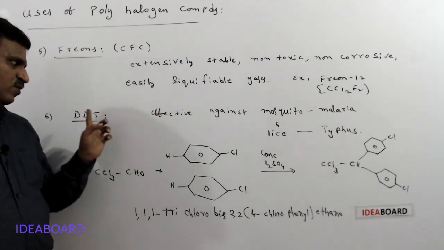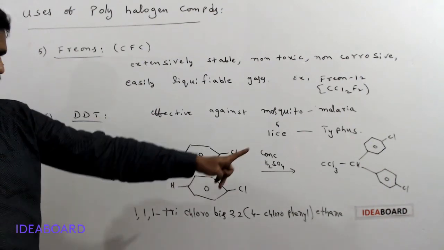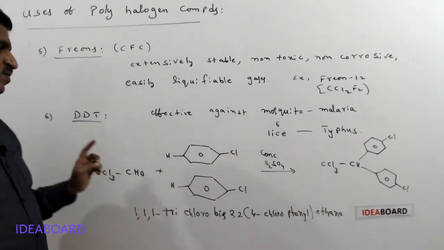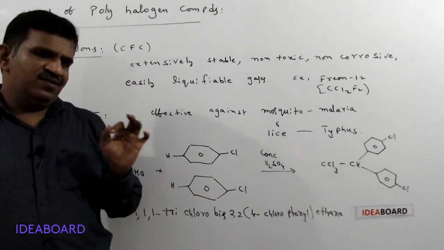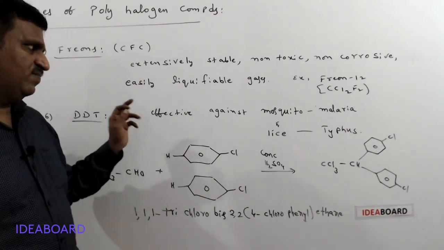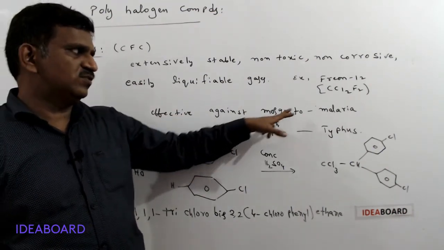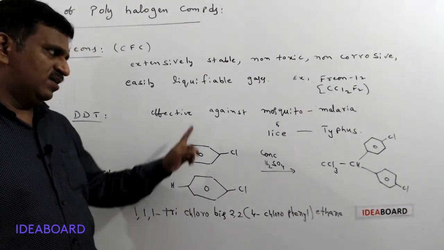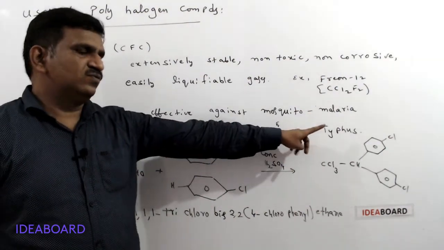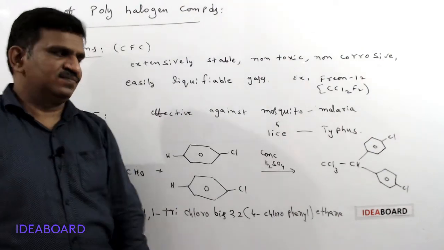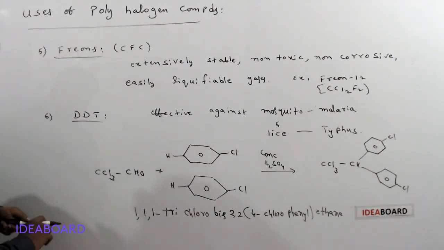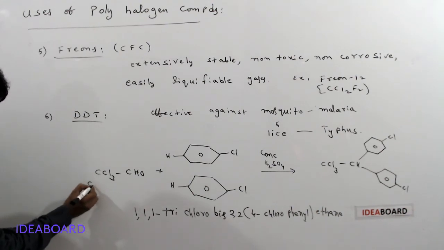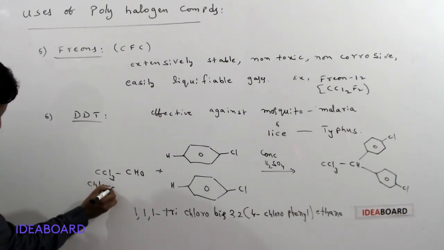Next, DDT, dichlorodiphenyltrichloroethane. This DDT was found to be effective against the mosquitoes of malaria and the lice which carry typhus. And how we can prepare DDT: chloral. This is called chloral.